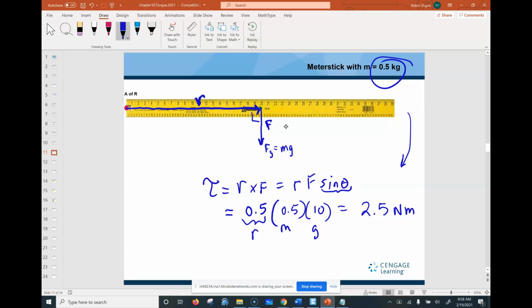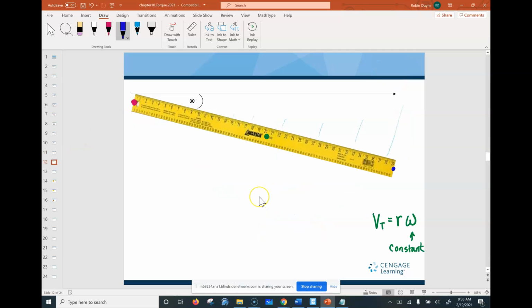All right, cool. So what happens? It starts to rotate downward. Let's look and see what we do when it gets to look like this. Now it's 30 degrees below where it started. We're going to do this both ways. Remember that the whole meter stick has a constant angular velocity.